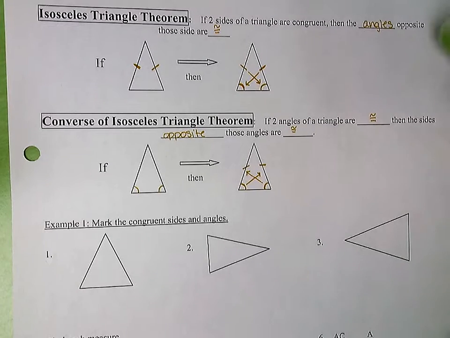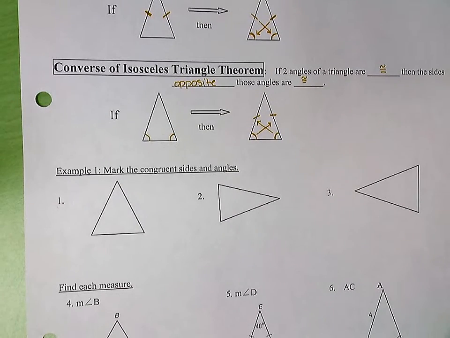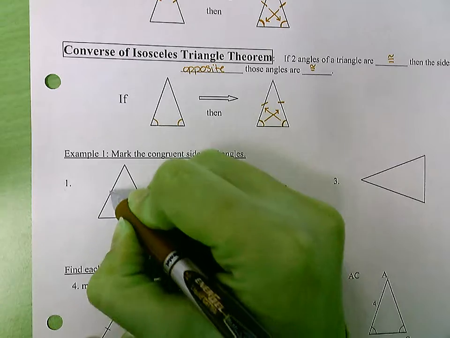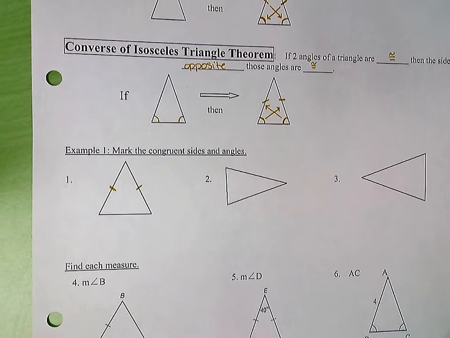All right, so example 1: I'm going to mark either the congruent sides or the congruent angles, and you have to mark the opposite. If I have these two sides congruent, mark on your note sheet which angles would be congruent to each other.